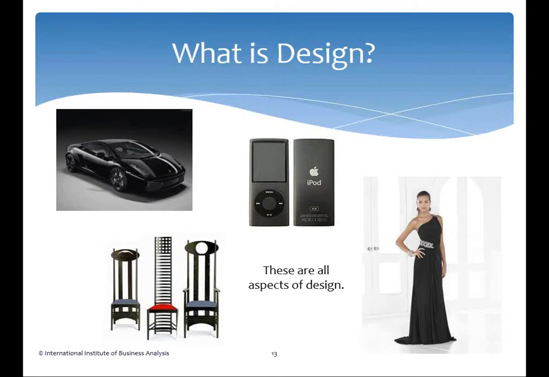But in the bigger world, design's not only about how something is going to be built, it's also about what it's going to look like, colors and textures, how it will perform. So considering the Lamborghini we've got up there, although the shape of the bonnet and the construction of the engine are both elements of design, we don't expect the same designer to do both.